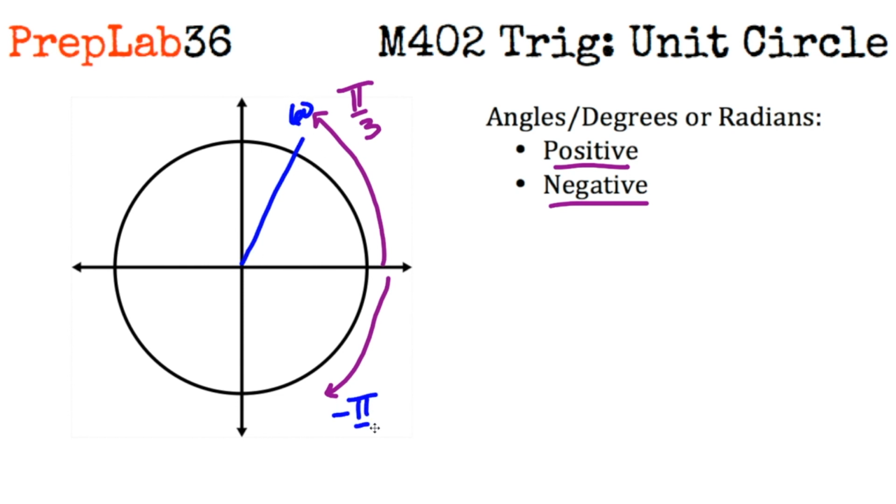Negative pi over 3 is negative 60 degrees. So negative goes clockwise. What is negative 60 degrees equal to as a positive? That's going all the way around the circle, and that would be 300 degrees. Positive and negative. Know how to work those out.